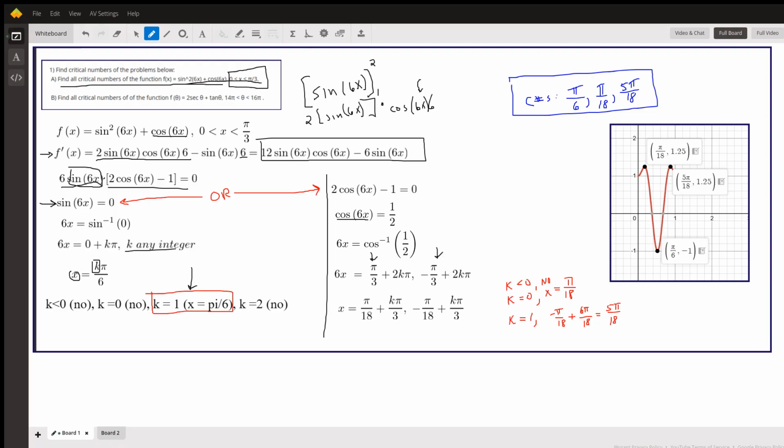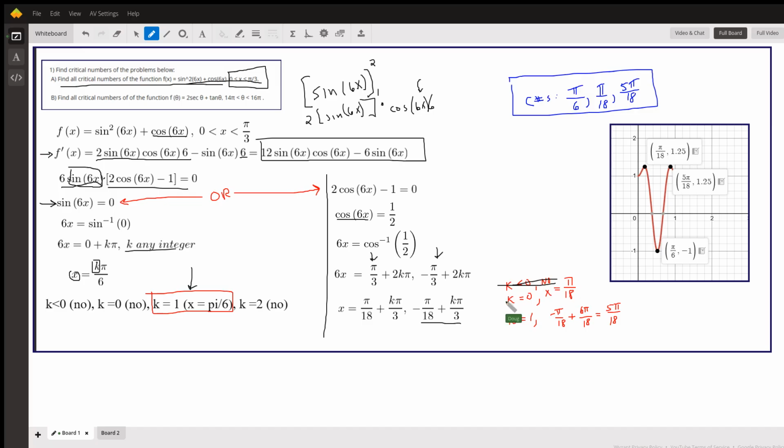So if we divide everything by 6, we get pi over 18 plus k pi over 3, or negative pi over 18 plus k pi over 3. If we do some tests, we see that when k is less than 0, we don't get angles in the interval.